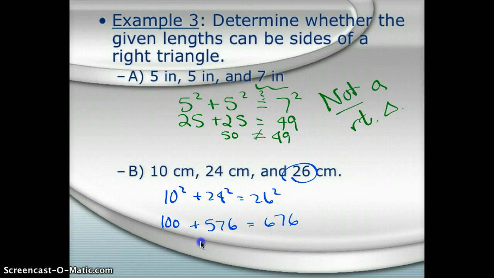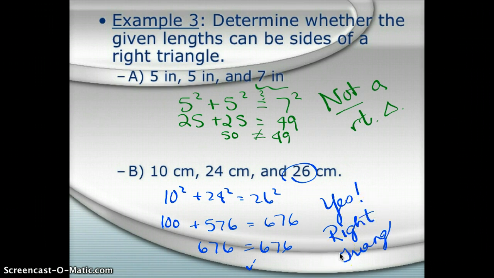So in this case, I get that 676 equals 676. That is true. a squared plus b squared does equal c squared, so yes, this could be a right triangle. You should be able to distinguish just by playing with the side lengths whether or not you've got a right triangle there.